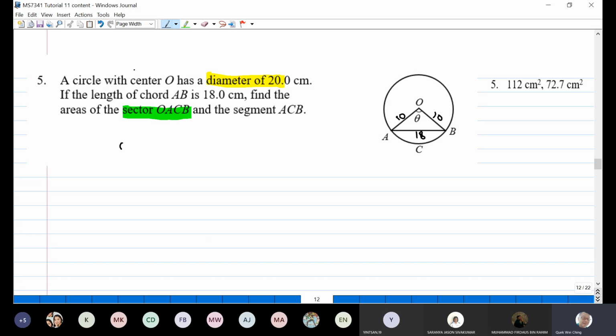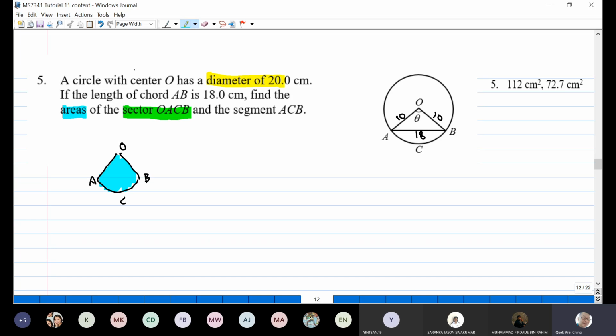This is O here, and then the sector is this one, O A C B. So this is a sector, the whole thing. I want the area of the whole thing OACB first, and then the segment ACB.